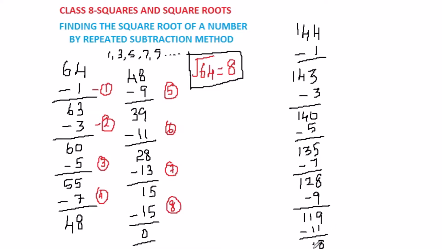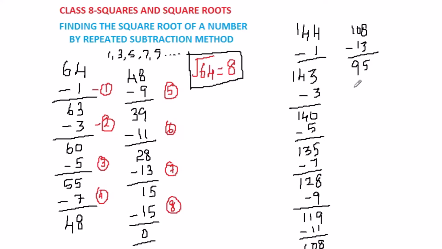Now bring that 108 here and subtract the next odd number, 13. Now if you subtract 13, it will come to 95.